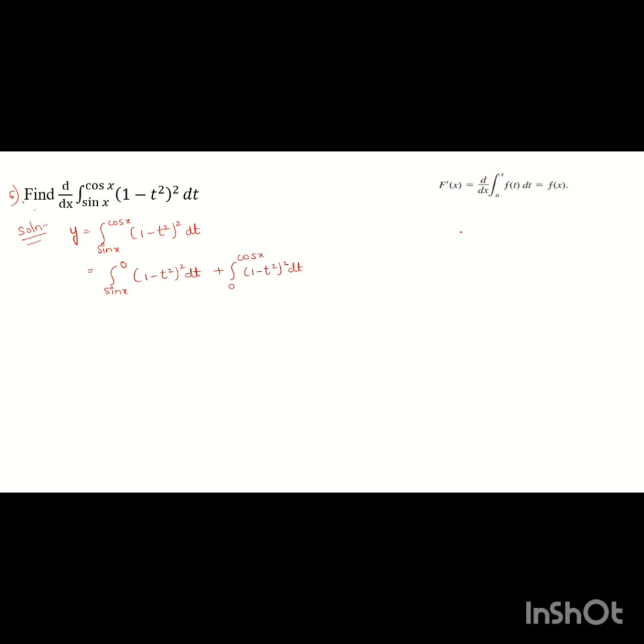So you are using here integral a to b f of x dx can be written as integral a to c f of x dx plus integral c to b f of x dx.